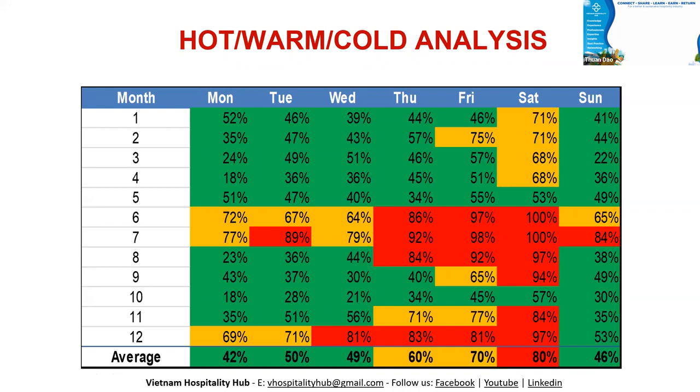But if for any reason occupancy is high but the ADR actually goes down or does not increase, then maybe your pricing strategy is something wrong. All right. So these analyses are very powerful to understand your business. All right. So use it.